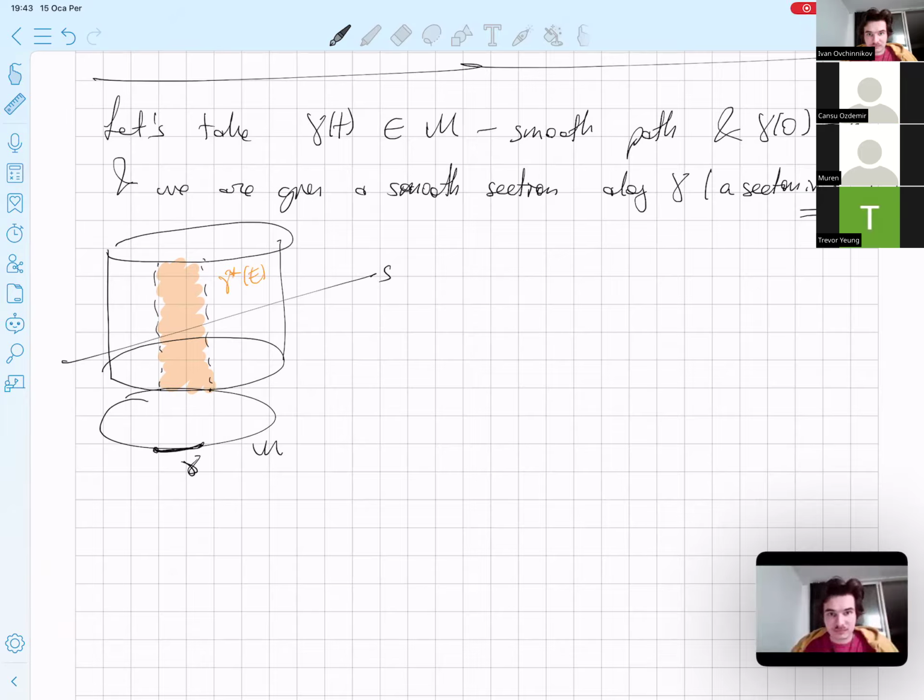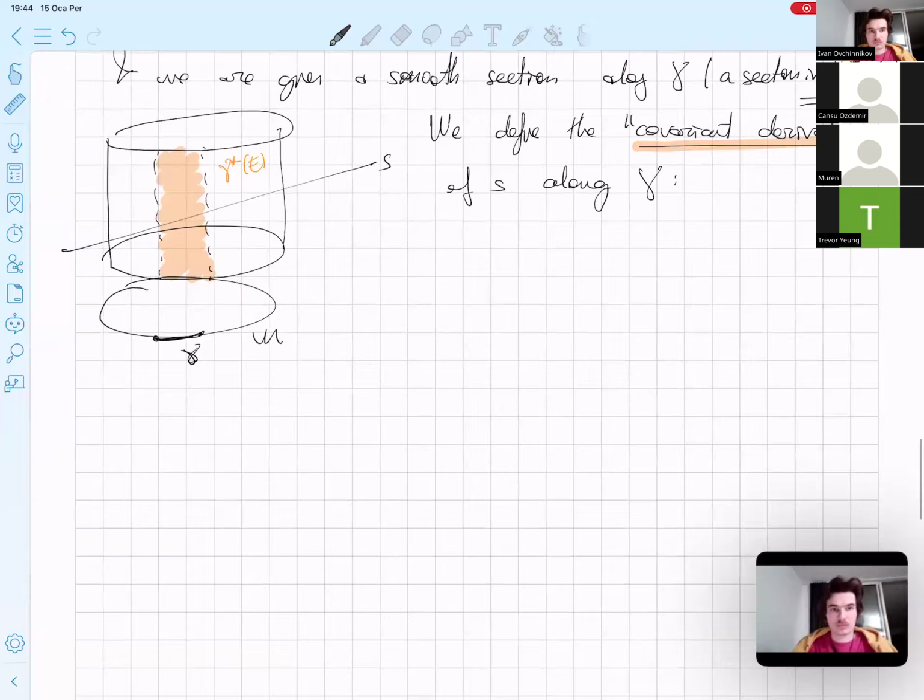So then what we do is we define something called the covariant derivative of S along gamma to be this. Now this is a new word that we just learned, and I'm going to talk about this very briefly, but for now let's write the mathematical thing.